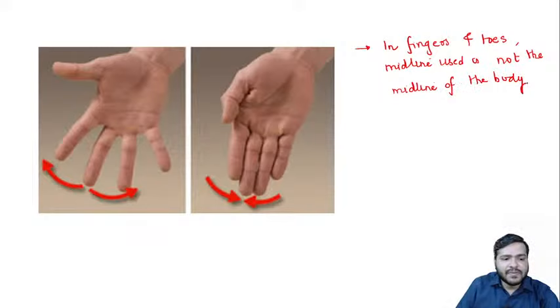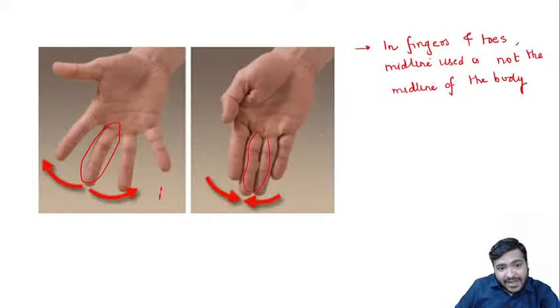And remember, the midline over here is basically the middle finger that we are using. It is regarded as the key point that is actually helping in abduction and adduction. So abduction basically means going away from the midline, and adduction means coming closer to the midline.